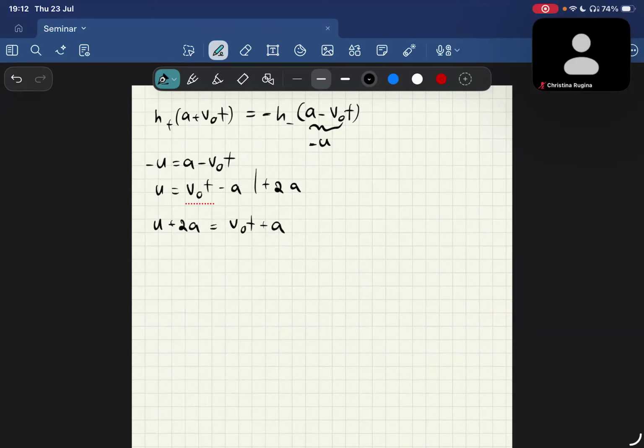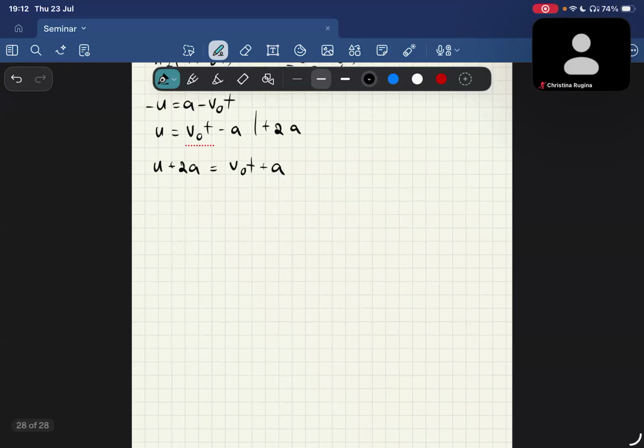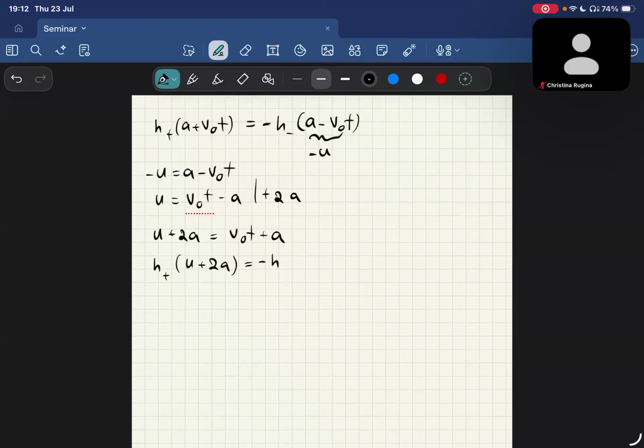So substituting everything into place, we get h plus of u plus 2a is equal to minus h minus of minus u. But we know that minus h minus of minus u is h plus. So we just say it's equal to h plus of u.